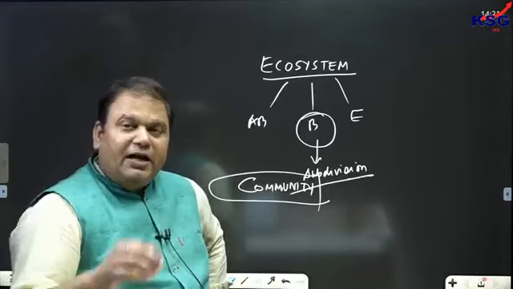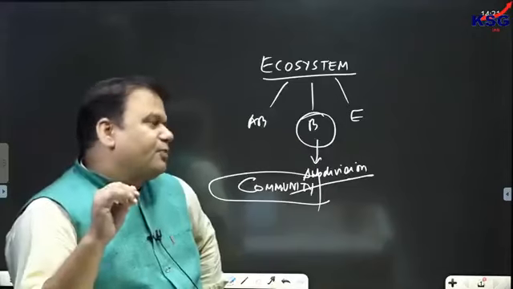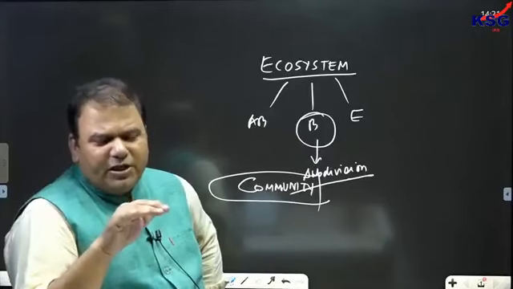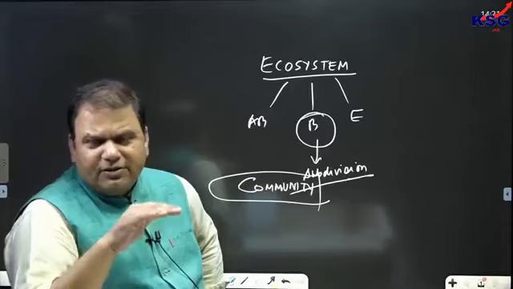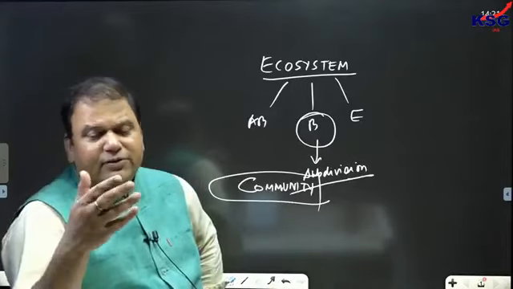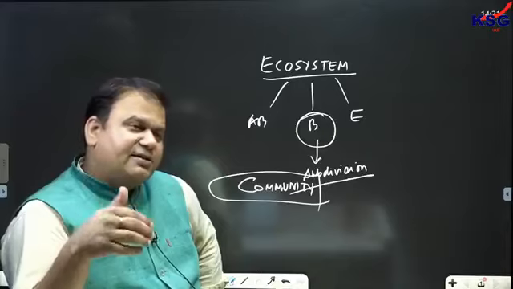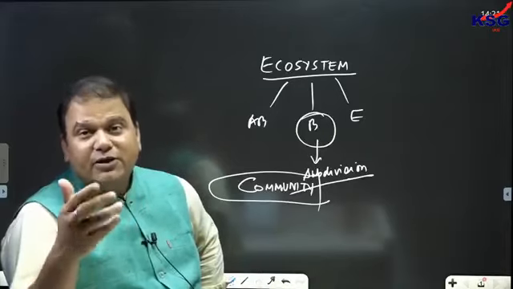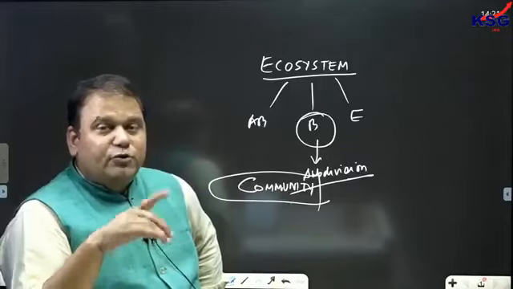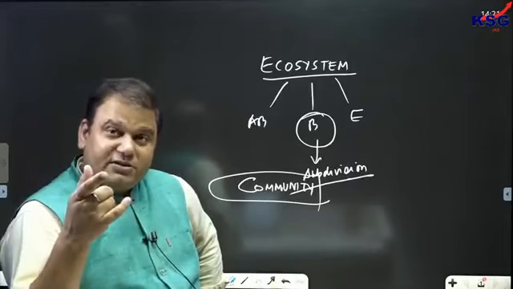Fine. For example, in a forest ecosystem, there would be a community present on the land surface of the forest. For example, deers, tigers, lions would be forming a community of their own. Now, there would be a community present at the canopy of trees.